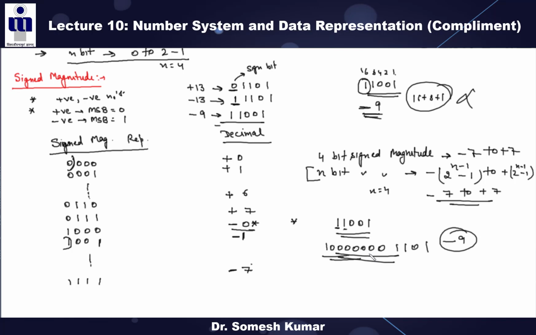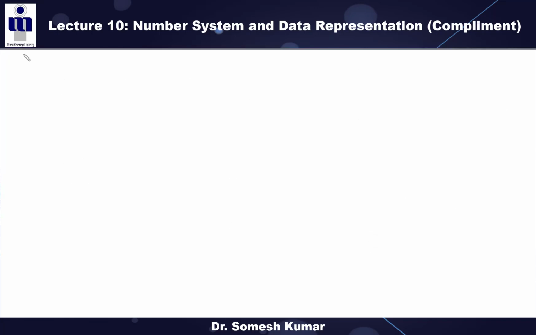So now we will discuss the 1s complement and the 2s complement, right? First thing is 1s complement representation. How can we represent numbers in 1s complement form? This is for both the positive and the negative numbers, right?